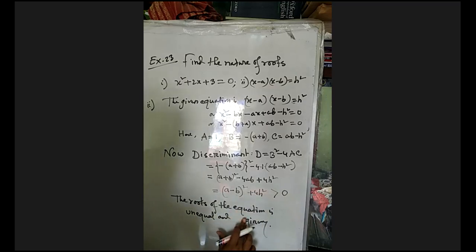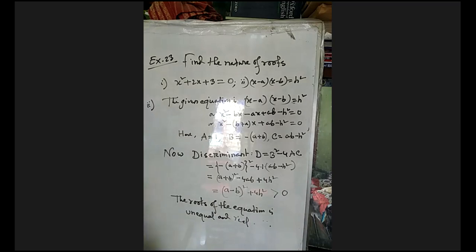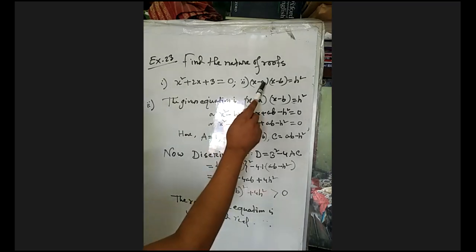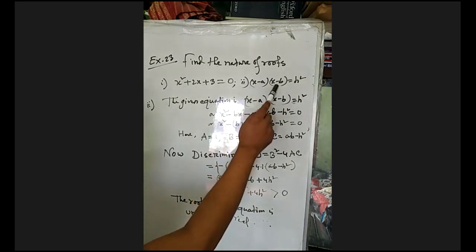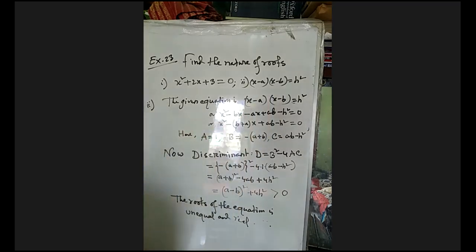Unequal and real, and it will have two distinct roots. Actually, this is the nature of the roots of the given equation 2, x minus a into x minus b equal to a square. This is the standard of the nature of the roots of the equation.